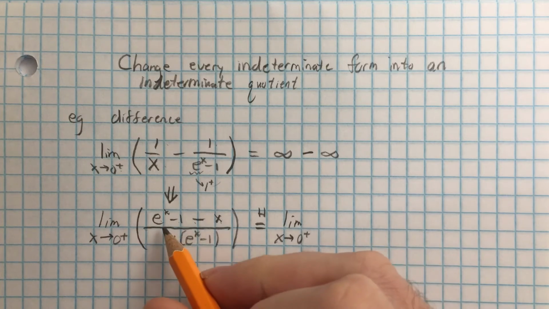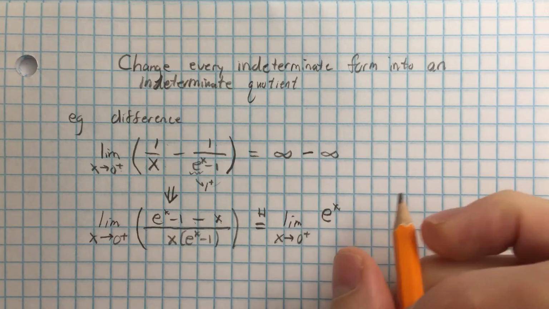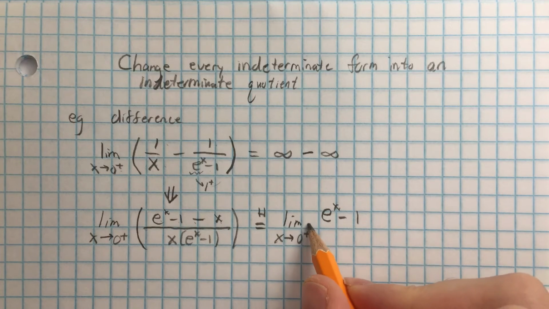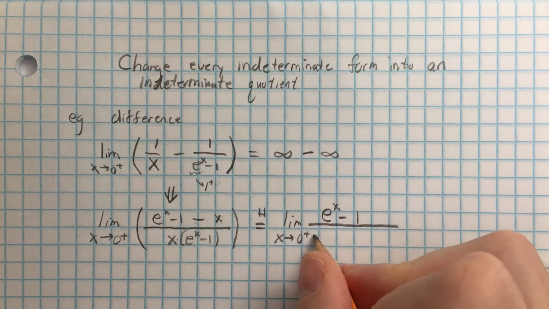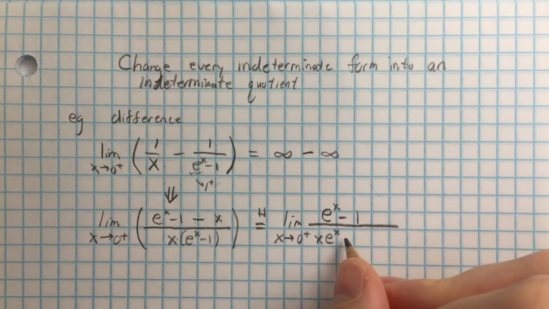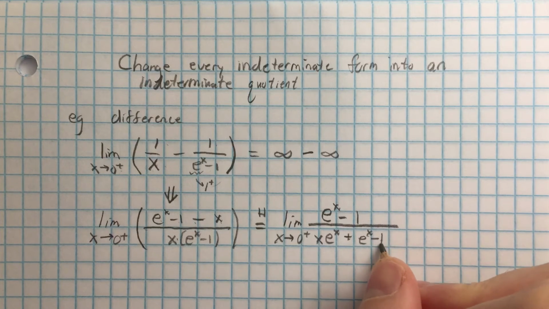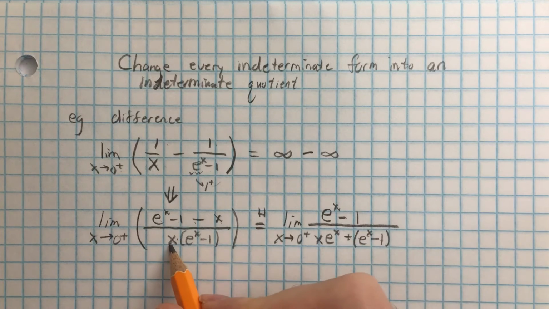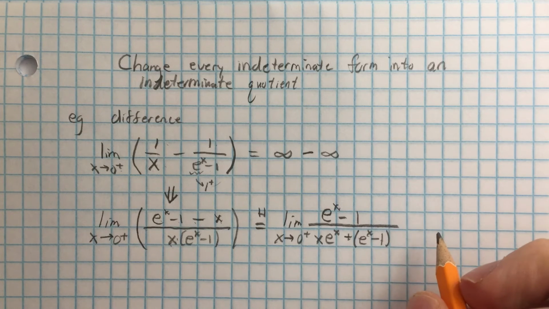So the derivative of e to the x minus 1 minus x is, of course, e to the x back again. The negative 1 is destroyed, and then minus 1 from here. And then in the denominator, we have a product rule. We have first times the derivative of the second plus the second times the derivative of the first. But the derivative of the first, which is x, is just 1, so it really does nothing, so I'm not going to write it. All right, so we now have this.